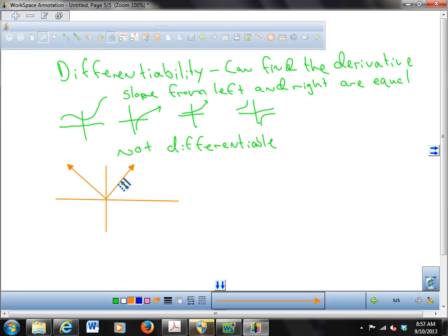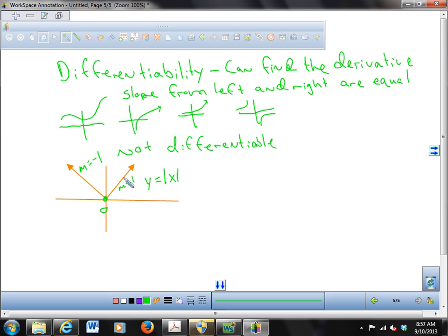It's not smooth, and the slope going into this point is negative, and the slope going out of this point changes abruptly to positive. Right at 0, this would be like y equals absolute value of x. So the slope here might be -1, and the slope over here would be +1.